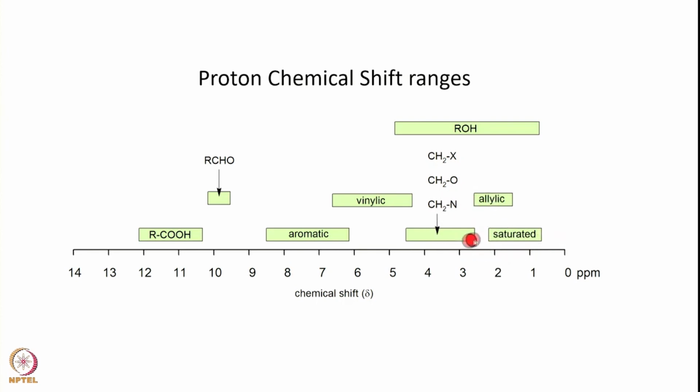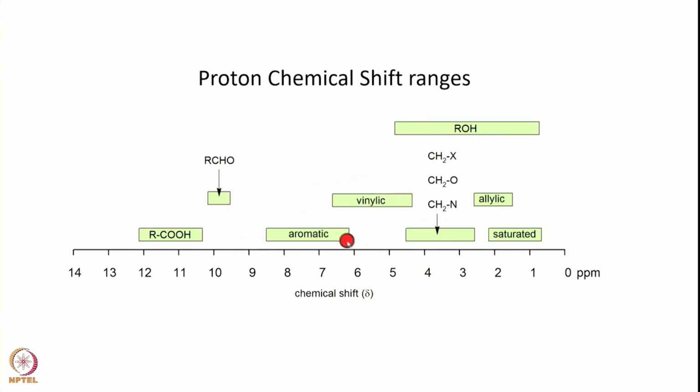You have the allylic ones, they appear in this region, and you have the CH2X, where X is an electron withdrawing group, CH2O, CH2I or ROH alcohol. Now what we are talking about is the signals from R, not the OH, okay, and those ones will appear in this area. Then you have the vinylic compounds, of which I showed you vinyl chloride earlier, and those will appear in this region, 5 to 6 ppm.